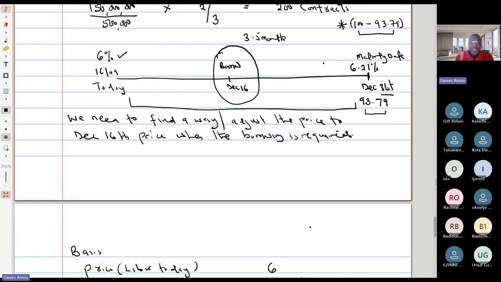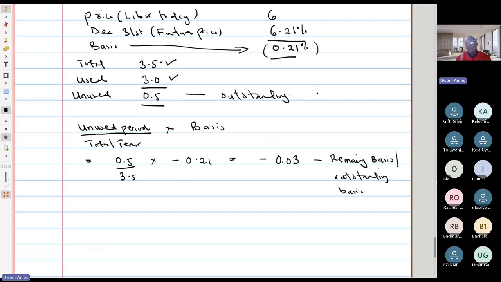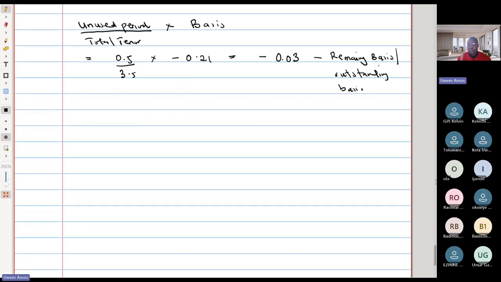So how do we calculate that rate? We said it's 6.21. We need to adjust it by 0.03, which is the difference between when he wants to borrow and when the instrument is meant to mature. So that is our final step, which is our lock-in rate.